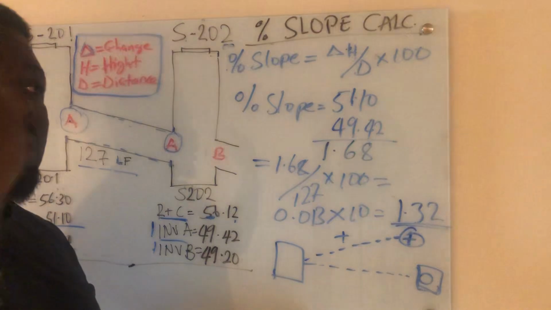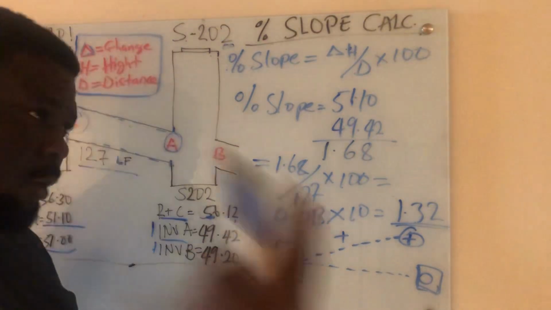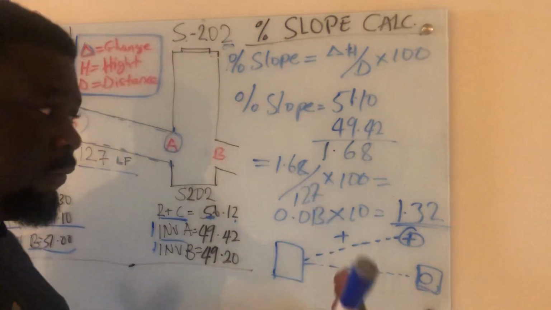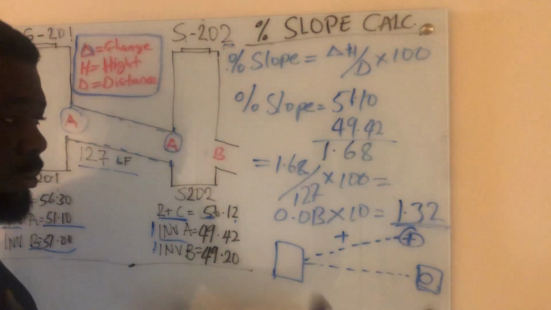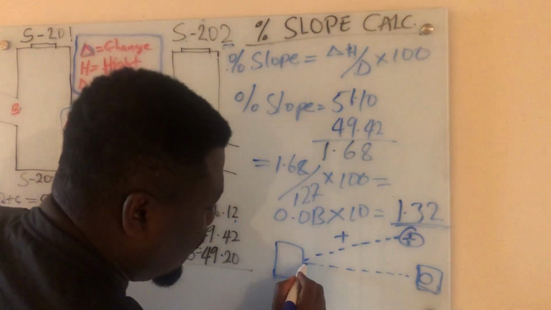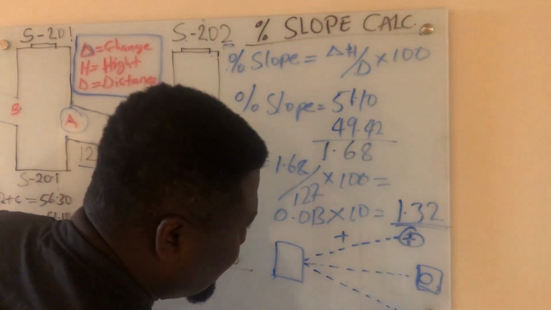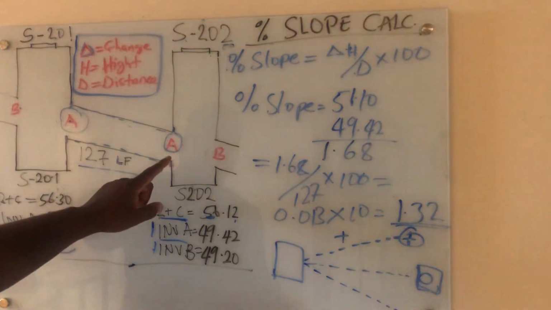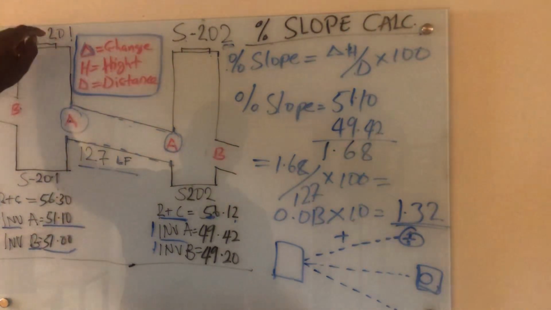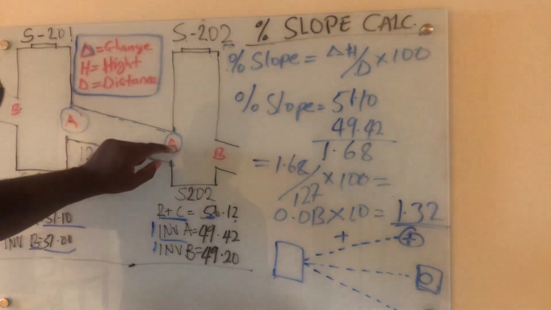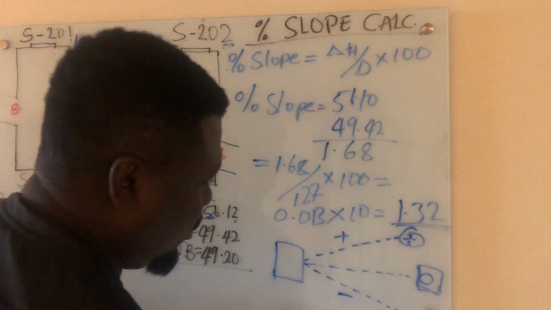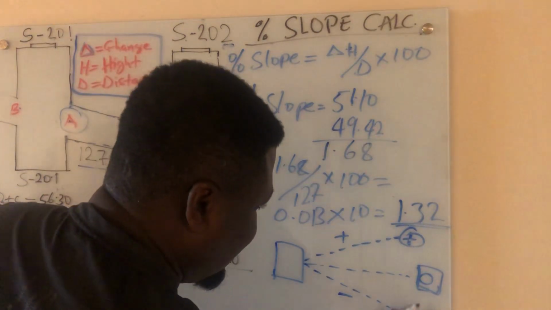Again, if you're using your laser equipment to set up your layout, or you're using a survey instrument like a theodolite, these plus and minus signs are very important. If you're going downhill, the example here is that if you're laying your pipe from 201 down to 202, this is going to be a downhill operation, which is going to be a negative sign here.